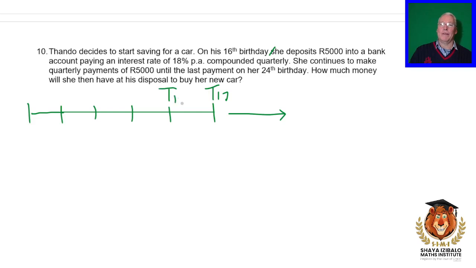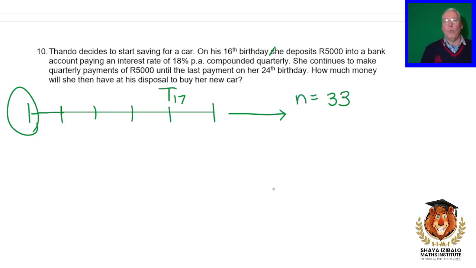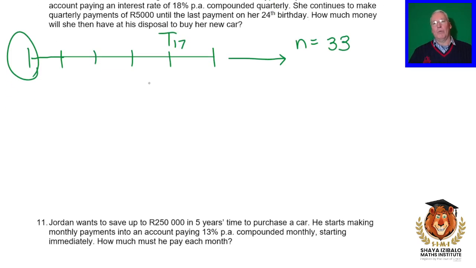So there's going to be 1 more. From 16 to 24, that's 8 years, so 32 quarters. But just be careful, because of this one, there's going to be 33. N is going to be 33. Otherwise, it works exactly the same. And once again, if you use 32 by mistake, you're only going to lose 1 mark.